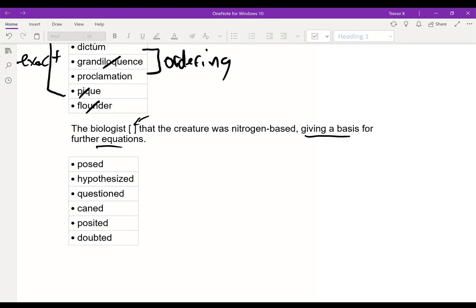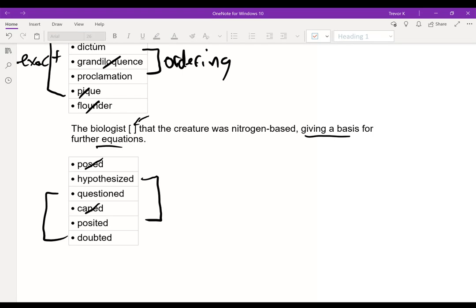So here we've got hypothesized and posited, which mean pretty close to the same thing. Questioned and doubted mean the same thing. Posed, you can pose a question, and you might be tempted here, but we really can't pose something directly, right? We can't pose that the creature was nitrogen-based. We need to pose a question. So this one is tempting, but it doesn't work, and caned definitely doesn't work. Caned is literally hitting people with a cane.